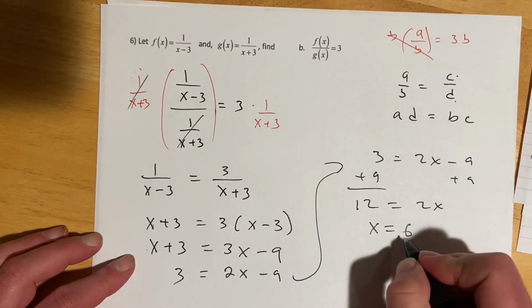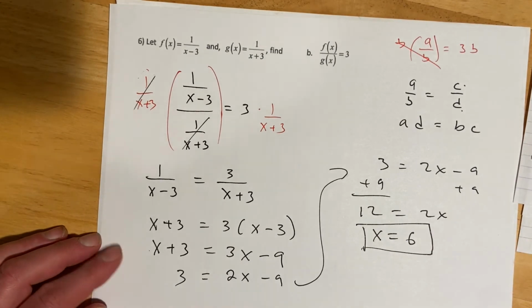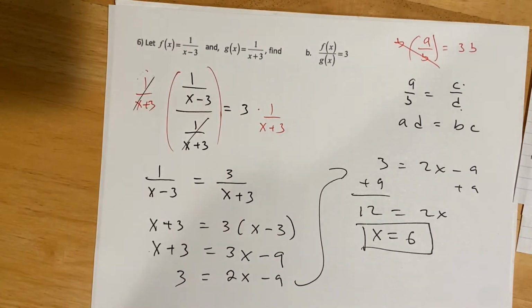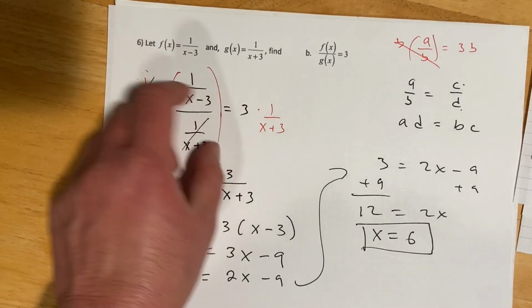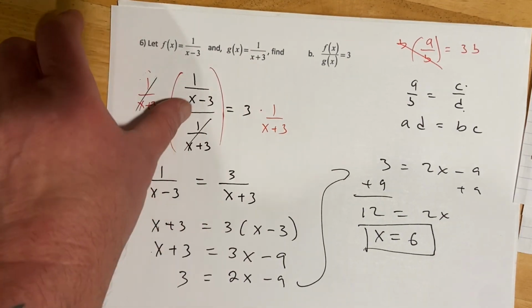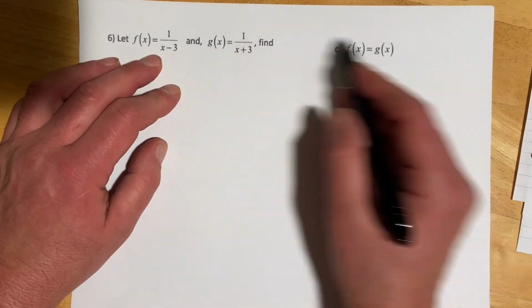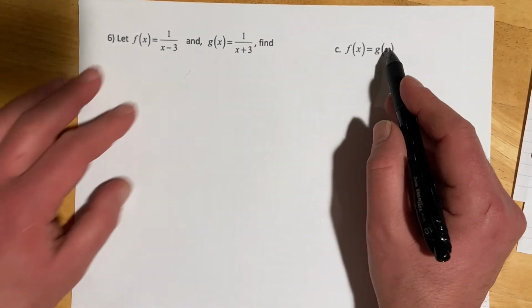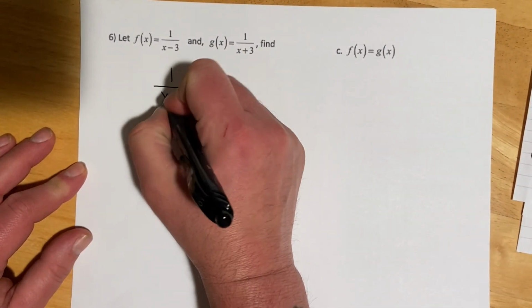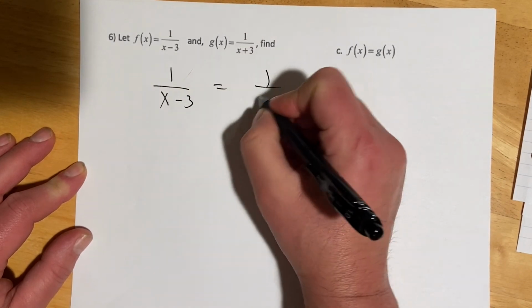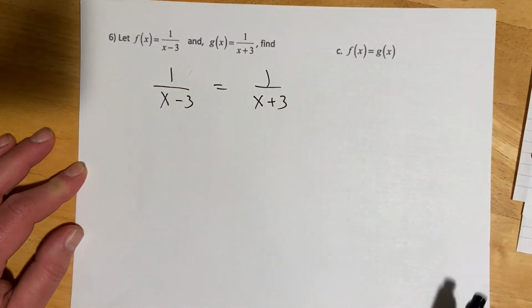So x equals 6. And that is okay because it couldn't equal 3 or negative 3. So then for part C, it's just saying f of x equals g of x, so that would just be 1 over x minus 3 equals 1 over x plus 3.